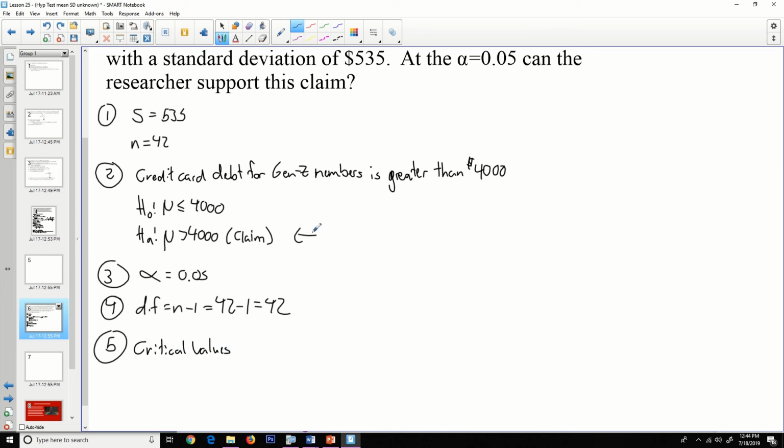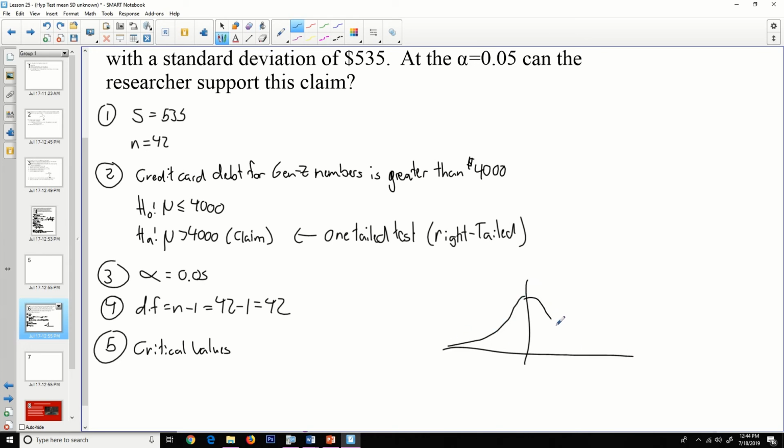And so this is a one-tailed test. In fact, it is a right-tailed test. So in this particular instance, we're going to figure out our critical value here.